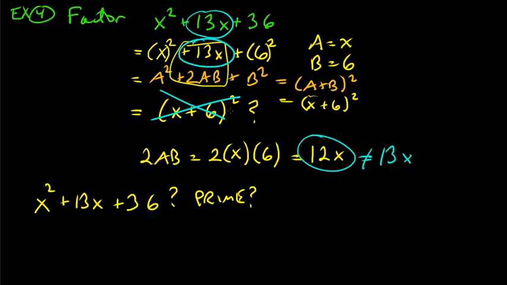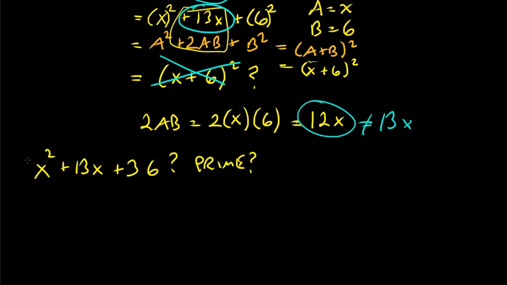We could use the AC method, or because a is 1, all we really need to do is look for two numbers, and they're both positive in this case, whose product is 36 and whose sum is 13.